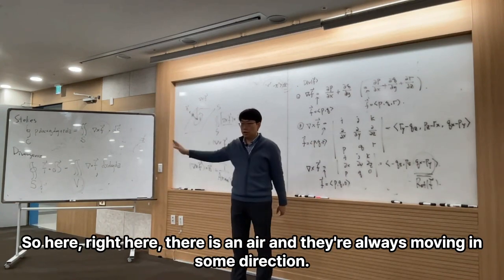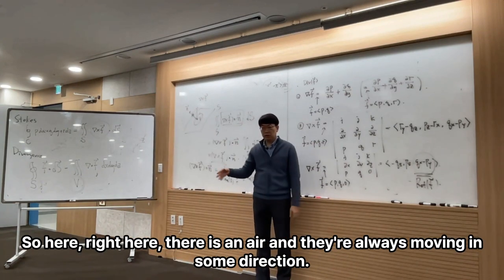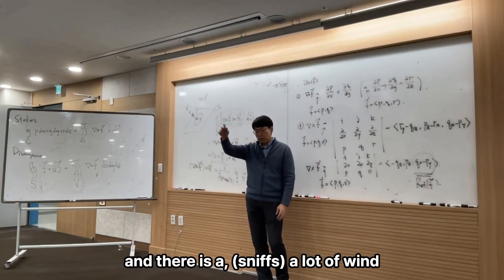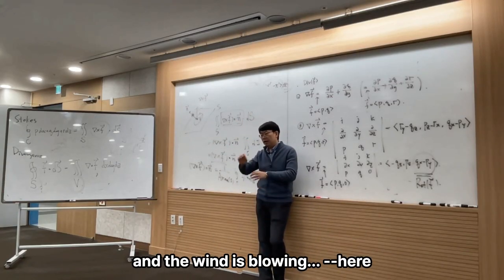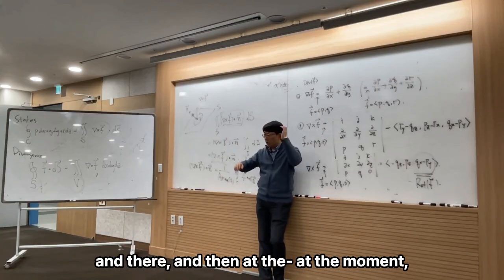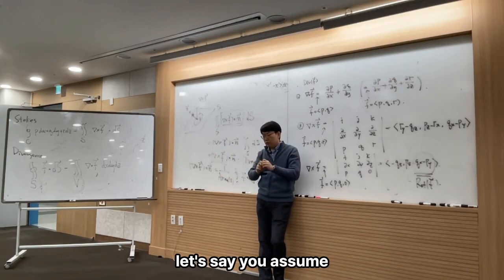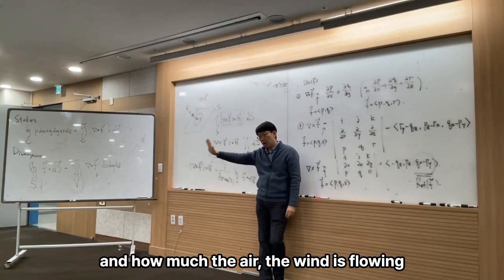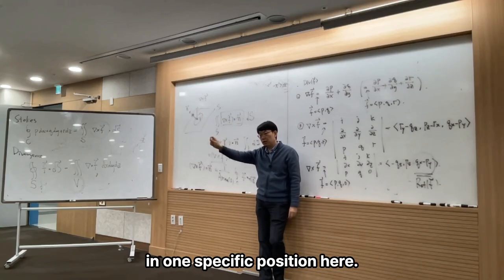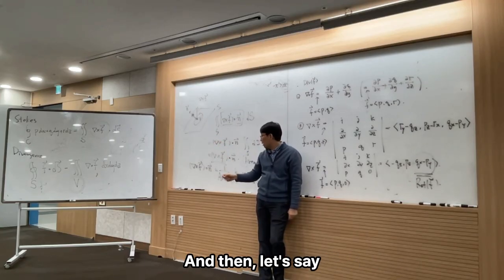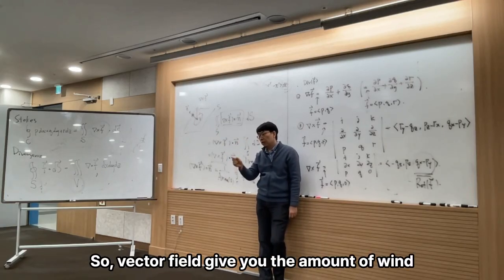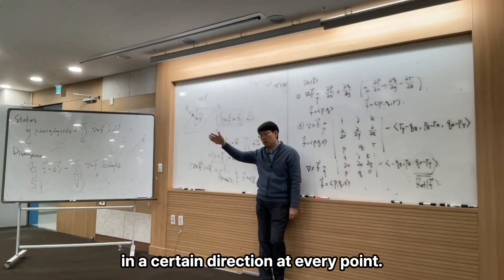Imagine you go outside, and there is lots of wind blowing here and there. Let's assume that we measured which direction and how much the wind is flowing at one specific position, and that's your vector field. So the vector field gives you the amount of wind blowing in a certain direction at every point.